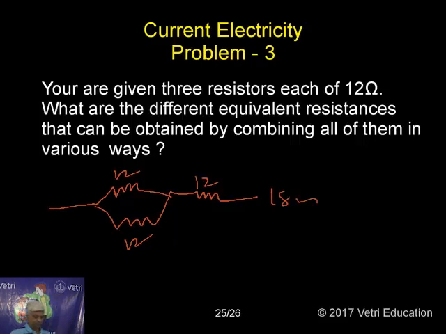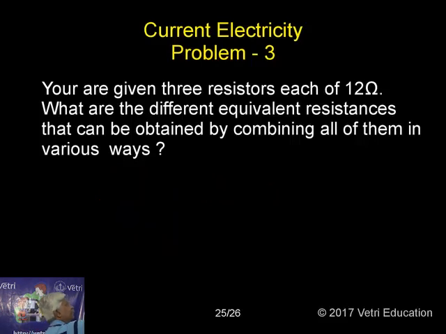This is the 18 ohms. So the previous one was 8 ohms, here 18 ohms. How does it come to 18 ohms? These two are connected in parallel. Parallel means 1 by 12 plus 1 by 12, that is 2 by 12 or 12 by 2, 6, plus 12, 18 ohms. So these are the various combinations. You have to understand it.